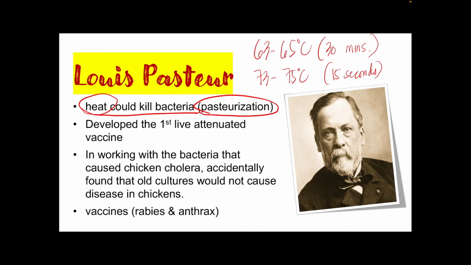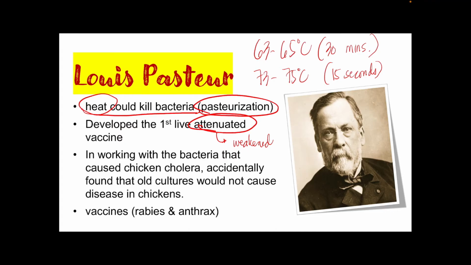And also, Pasteur developed the first live attenuated vaccine. So attenuated means weakened. So in other words, the microorganisms that were used in the development of these vaccines are already weakened. So they are no longer infectious whenever they are inoculated to a certain individual. But you have to take note also that the attenuated microorganisms in this vaccine, although they are weakened, still they are foreign.